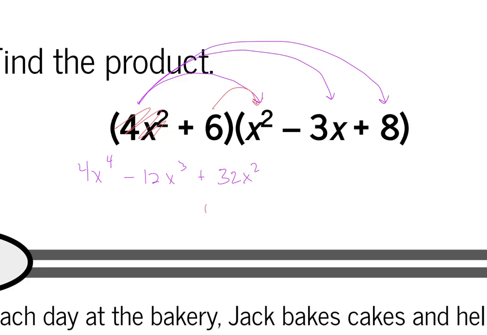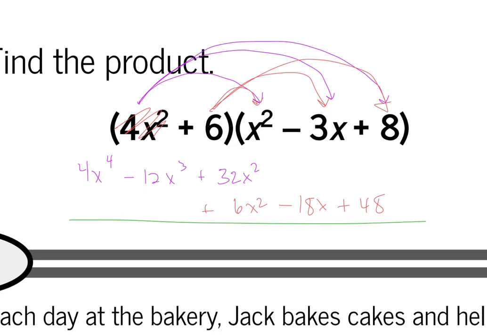So we're going to distribute our 6 now. 6x squared minus 18x plus 48. Add all that up. 4x to the 4th minus 12x cubed plus 38x squared minus 18x plus 48.